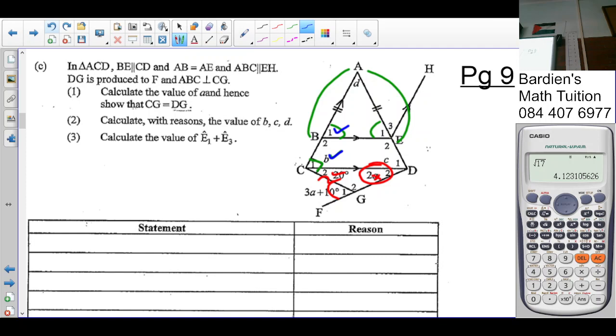Now B1 is equal to which angle? Not E2. E1. Why? Angles opposite equal sides. So which angle is equal to E1? D1, which is C. Why? There we go.